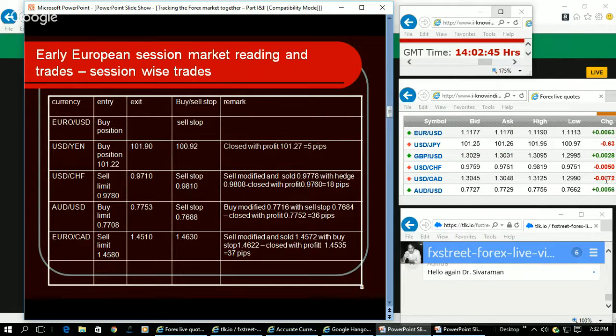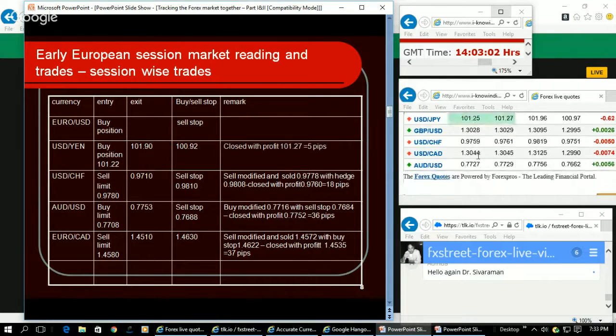So I was explaining to you that they will make a further drop, and that's what happened. When I kept the sell limit order, it was not filled. I just modified and took a sell order at 1.4572 because they were not gaining more.